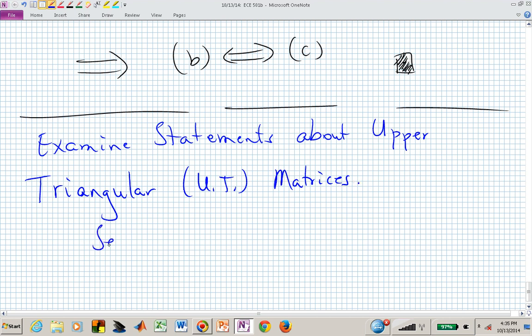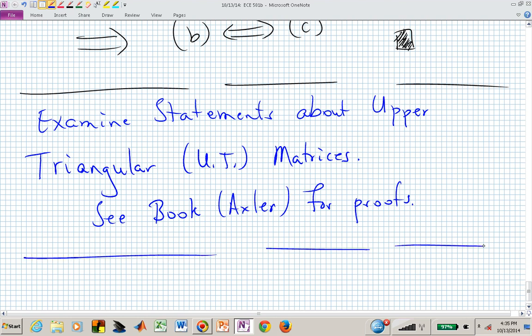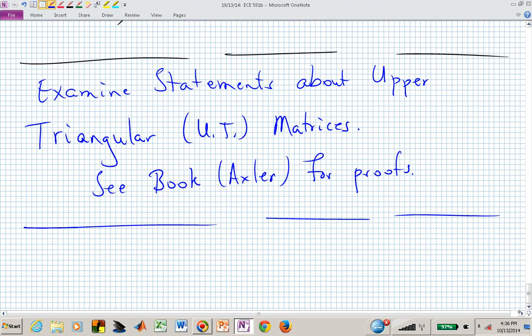And we aren't going to necessarily prove all of these, but if you want to see that, you can find those in the textbook to fill in the justification of these. We're now trying to just understand what some of these statements give rise to or provide us with in terms of information.